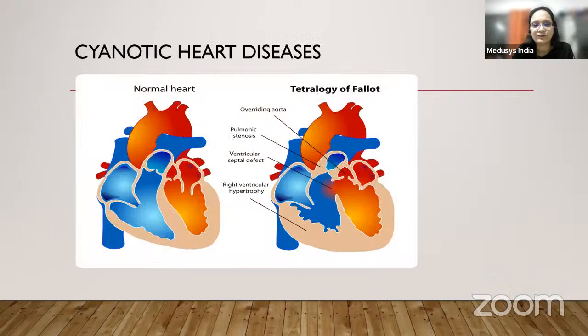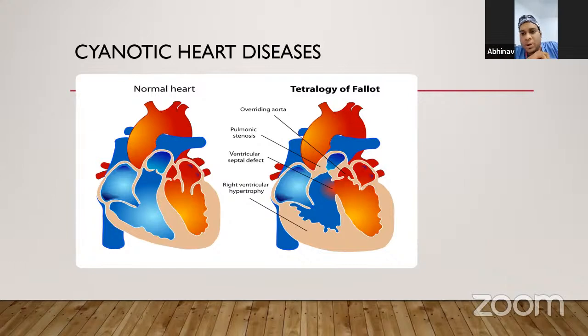So after we discuss the X-ray, now we will just see the 4 components of tetralogy. Dr. Abhinav, you can tell actually. The main problem in tetralogy of Fallot is there is overriding of the arch of aorta and right ventricular outflow obstruction. Because of this, there is right ventricular hypertrophy and there is also a ventricular septal defect.